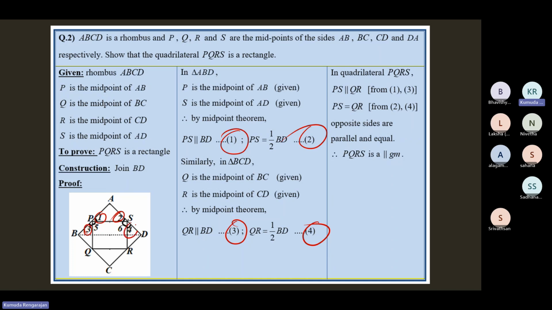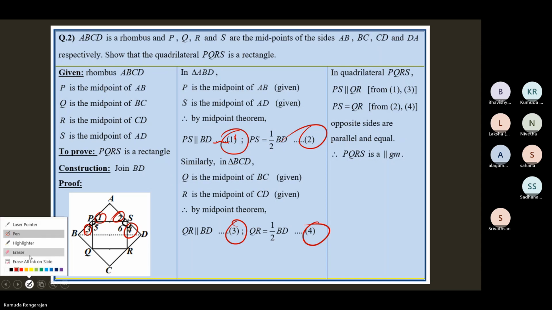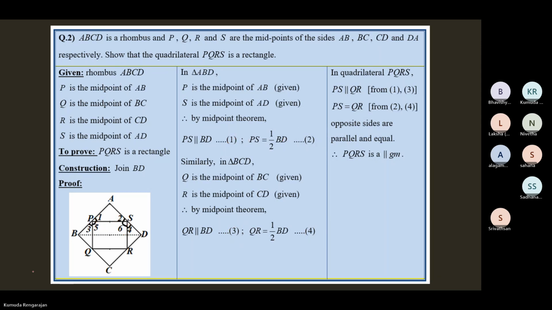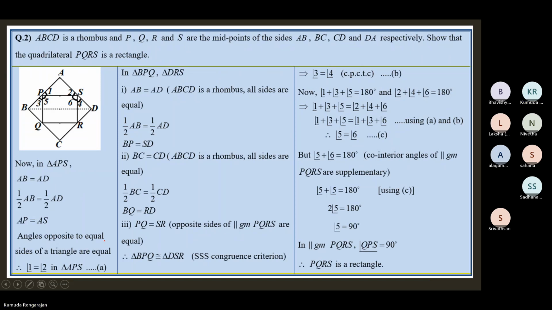These are different. I've just marked the angles 1, 2, 3, 4, 5, 6 here. There's no connection between this one and this angle 1 here. Please work.